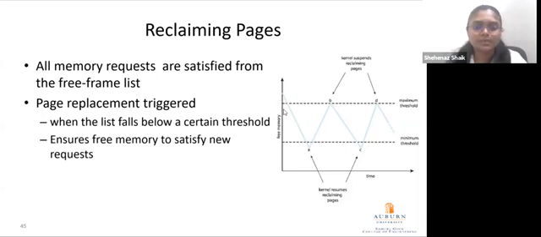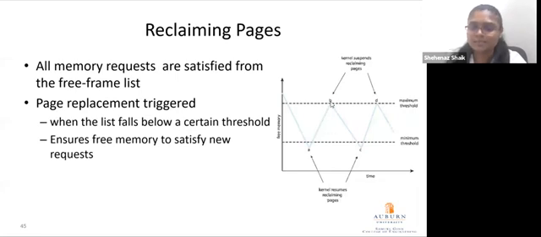So regarding that, here is one approach that is taken. Whenever the number of frames in the free pool is below the minimum threshold, the operating system starts performing the writes, and it starts releasing some of the memory frames and includes them as part of the pool of free frames so that they can be used.